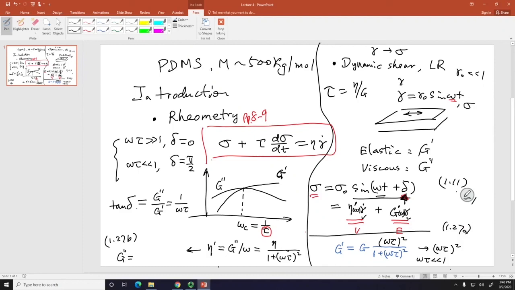Well, the gamma dot is cosine, which means your stress now all of a sudden is proportional to the shear rate, like the Newtonian law tells you. So all of a sudden your response turns into a liquid-like response instead of a solid-like response. Because when sigma is in phase with gamma, that's the solid response. That's delta equals 0. So you get a solid response for that limit and a liquid response for that limit.